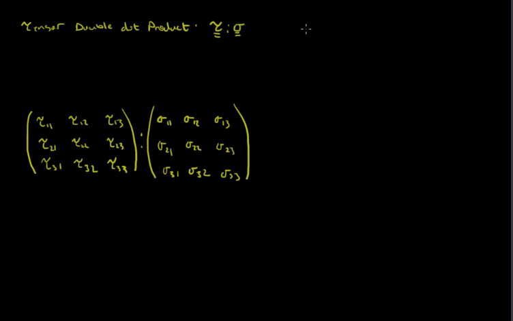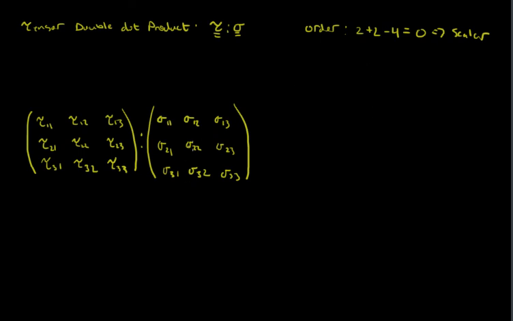Both of these are tensors. So if we look at the order, we're going to get 2 plus 2 minus 4 equals 0. So you get 0 for a double dot product, which implies that we're expecting a scalar from this operation.